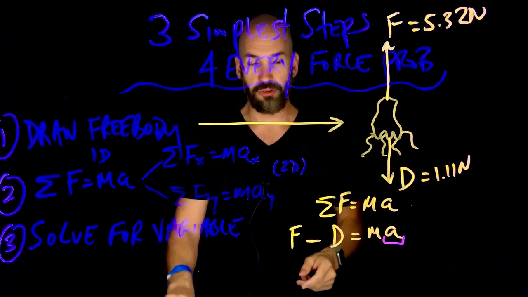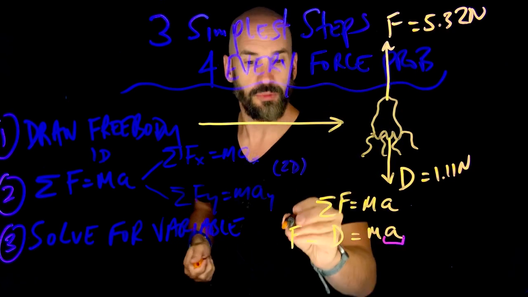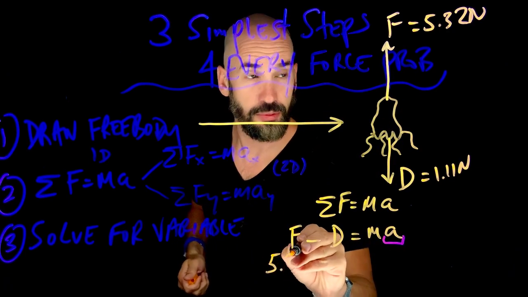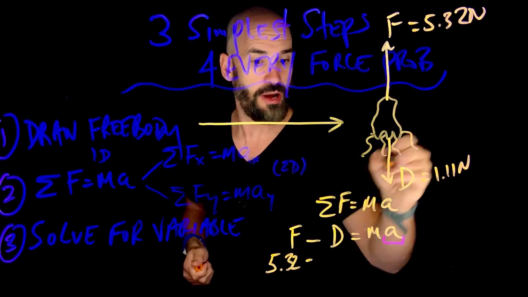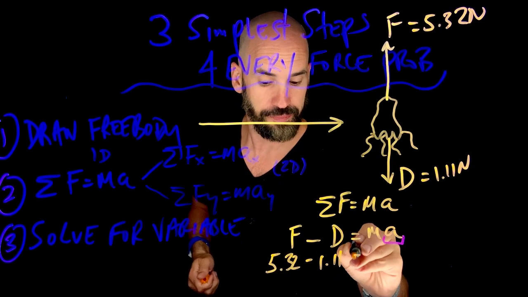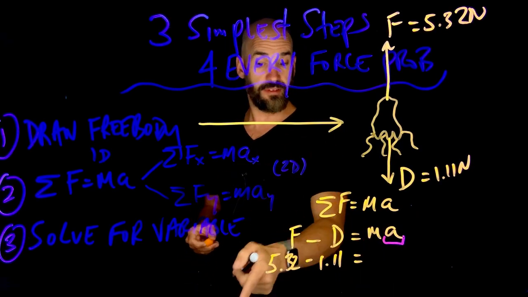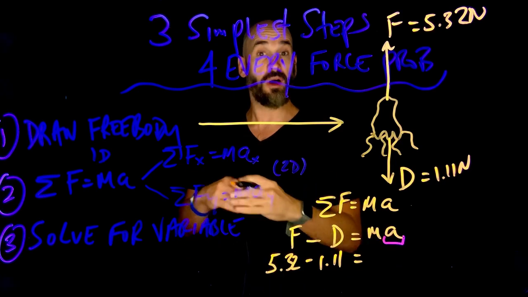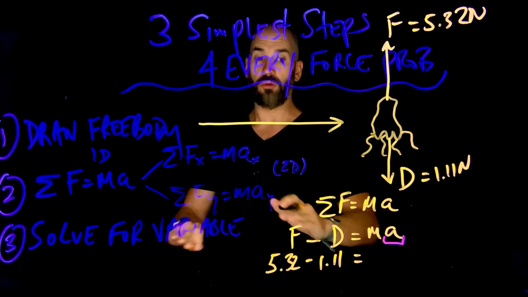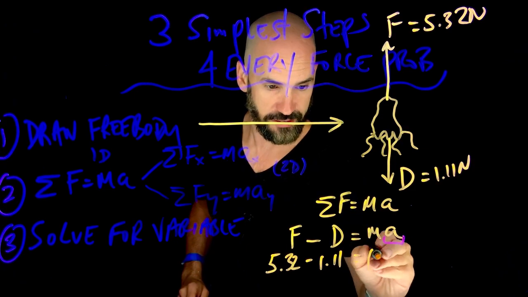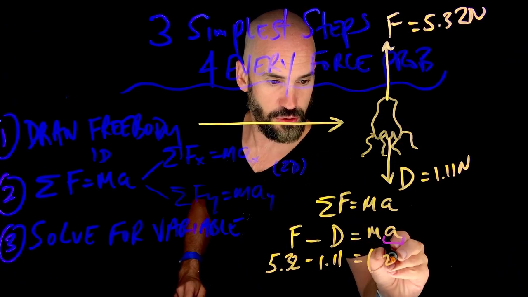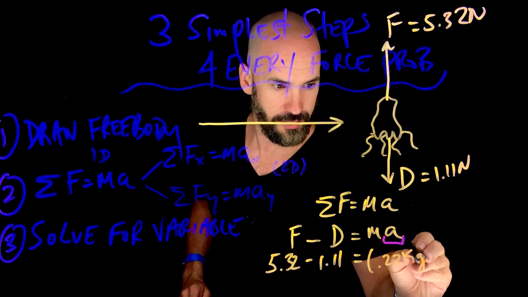Okay, so let's put in all our guys here. So we have 5.32 minus drag, which is 1.11. Right, the mass is, they say 220-gram jellyfish, but is grams an SI unit? No, kilograms is, so we got to convert that to kilograms. So it's 0.22 kilograms, right?